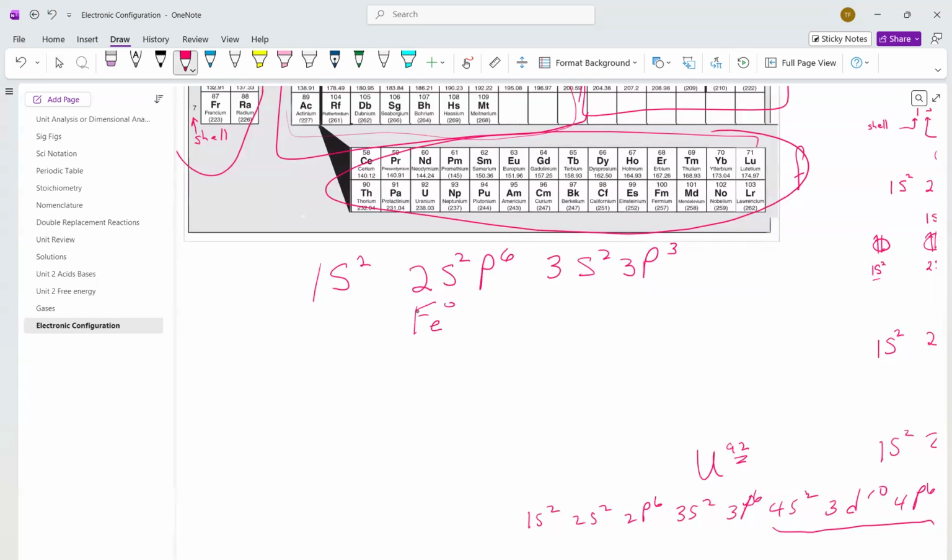Okay, so if you remember, we went 1s2, 2s2, 2p6, all that. So that's iron. Okay, let's do the orbital version. I'm only going to do the valence, these guys here.